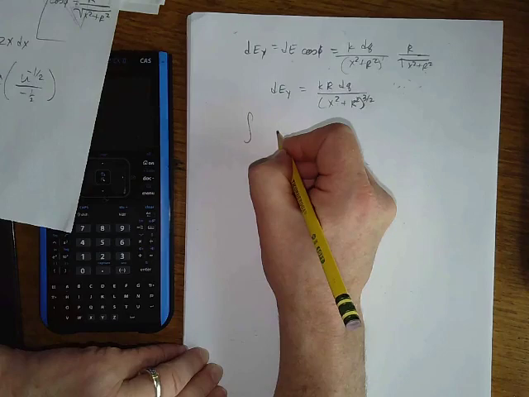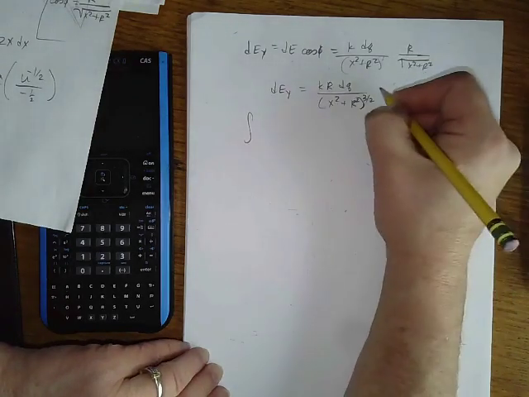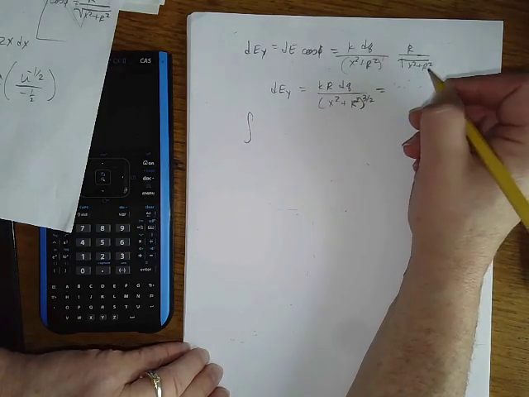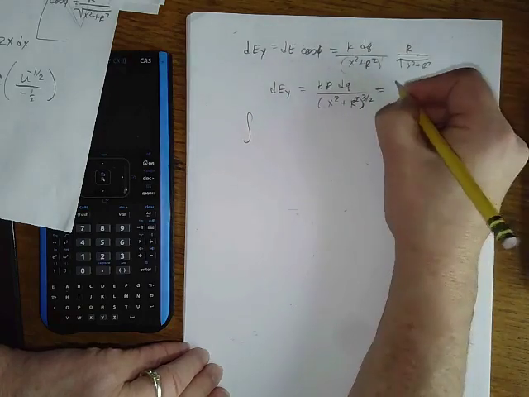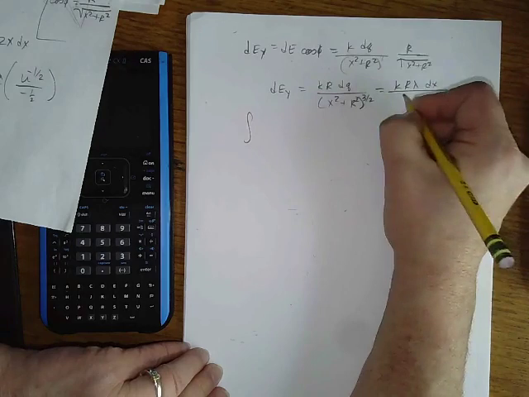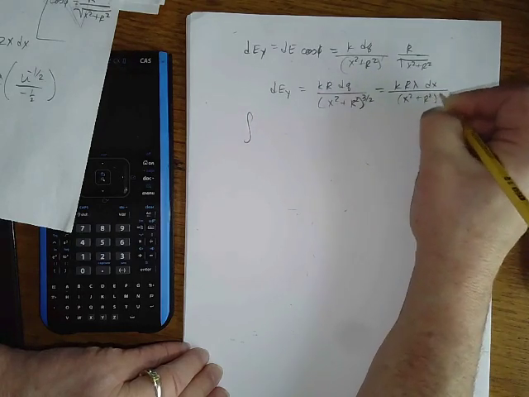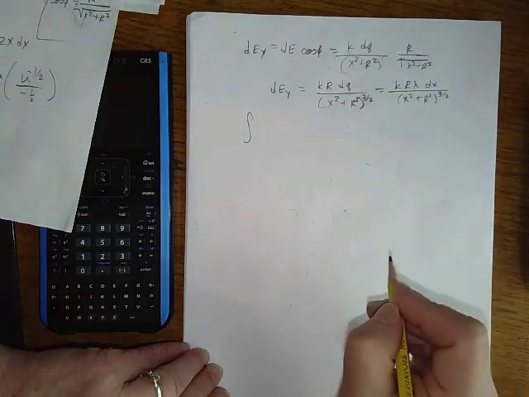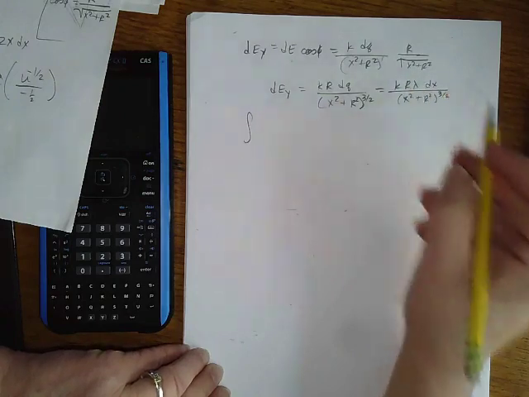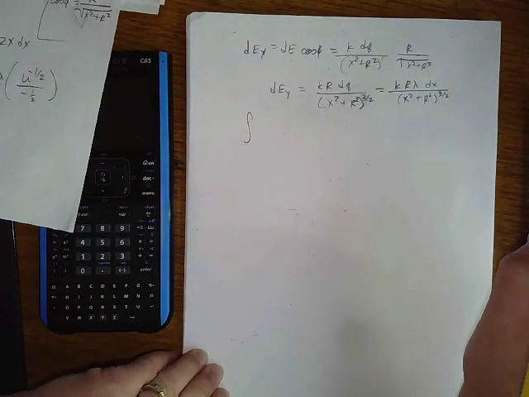All right, so then our integral, we need our dq in there also, and dq was lambda dx, so k R lambda dx over x squared plus R squared to the 3/2. And we thought the previous one was fun, but now this one has no x in the numerator, so we have a different kind of integration to do.